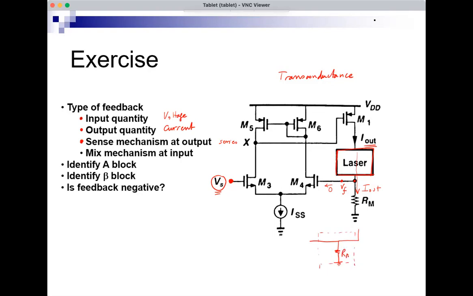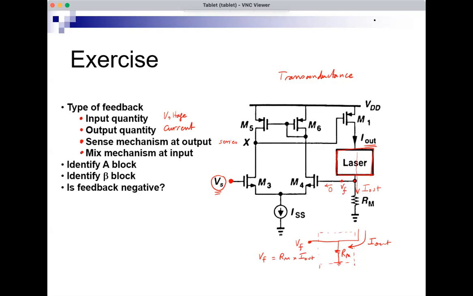The output quantity comes, this is I out, and the feedback signal Vf would be simply I out times RM. Actually, this gives us the value of beta without much effort. Beta is RM in this case. So this is the sense mechanism at the output.